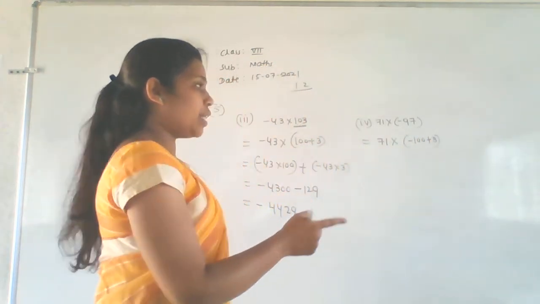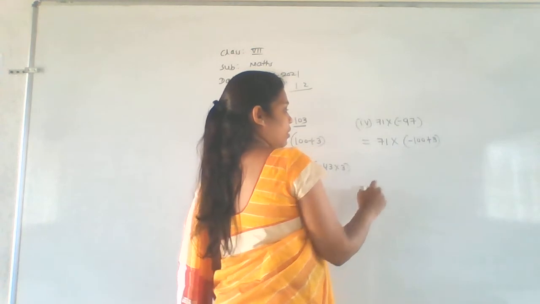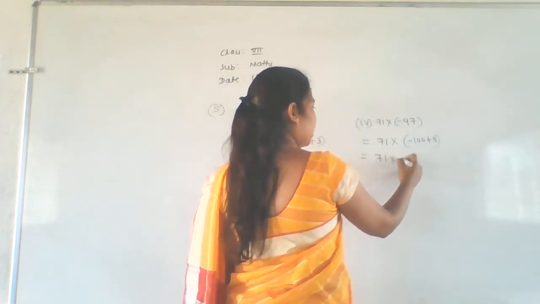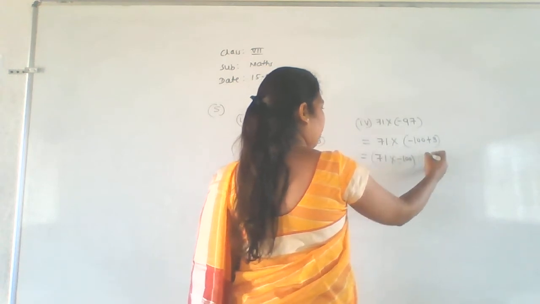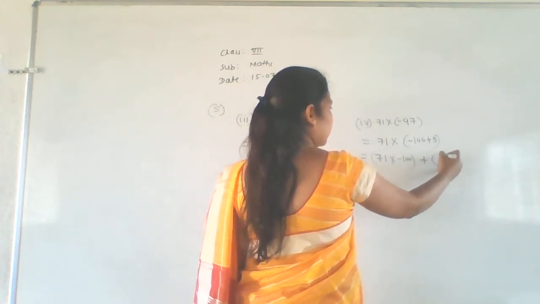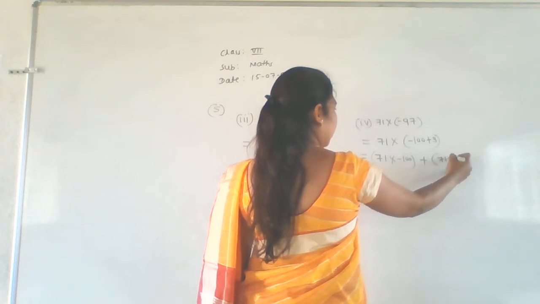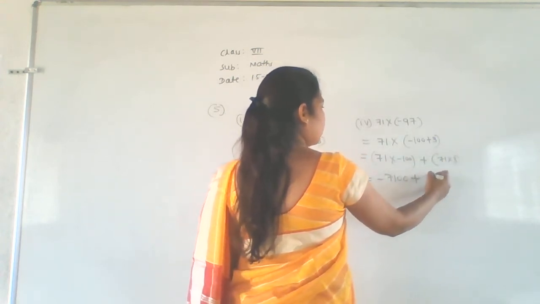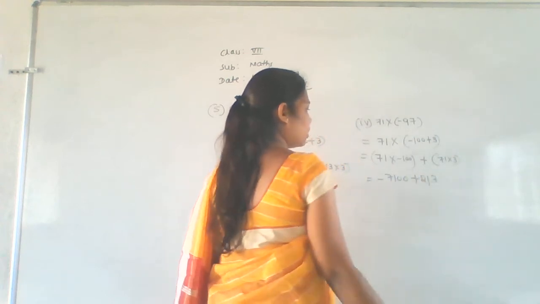Minus 100 plus 3 is the minus 97, right? So now use minus 100 here, distributive property, okay? Plus, and here will be the 71 into 3. So it is a minus 7100 plus 3 7 is 213.